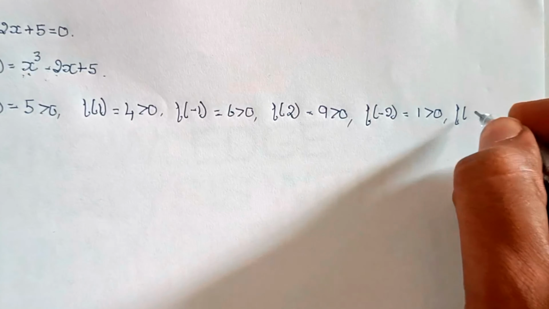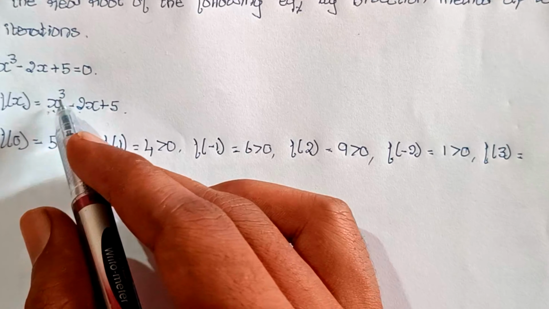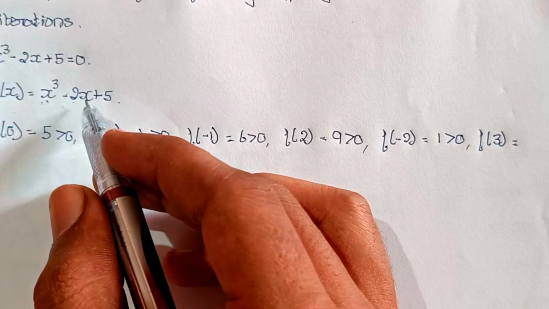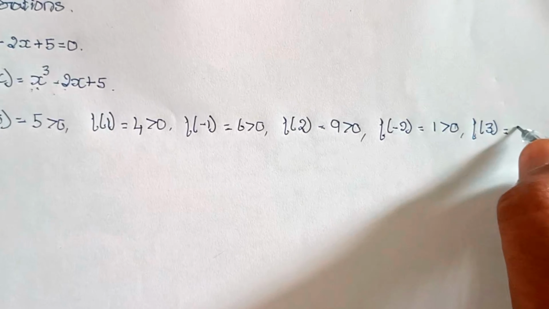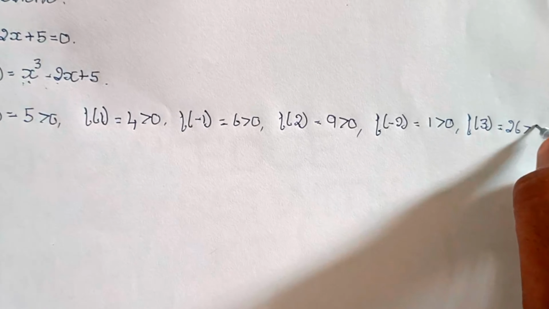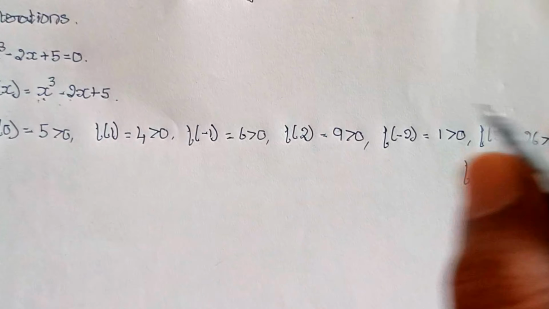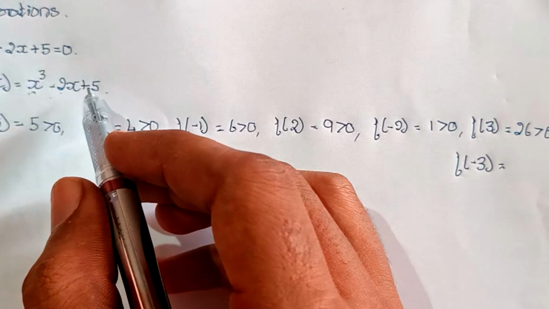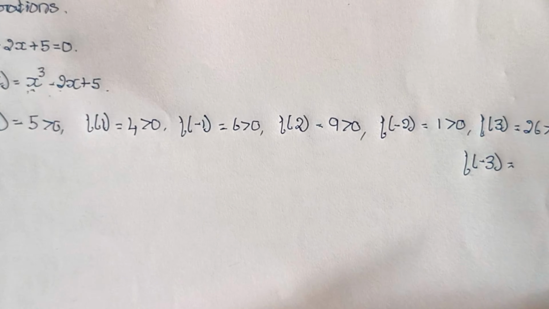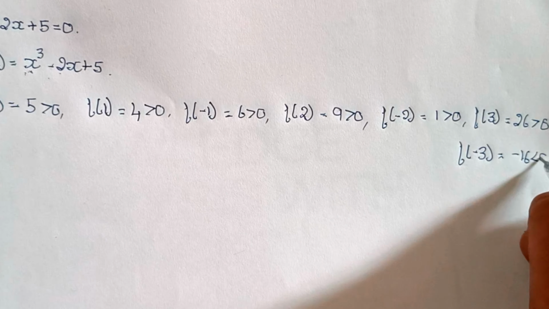Now f of 3 is equal to 3 cube, that is 27, minus 2 into 3 plus 5, we get 26, which is also greater than 0. And next, f of minus 3 is minus 3 cube minus 2 into minus 3 plus 5, we get minus 16. Minus 16 is less than 0.